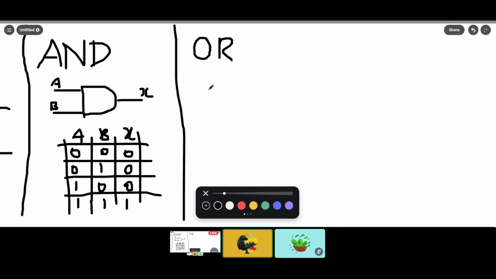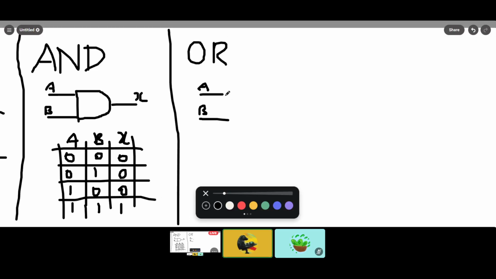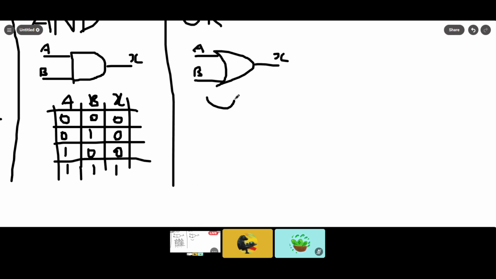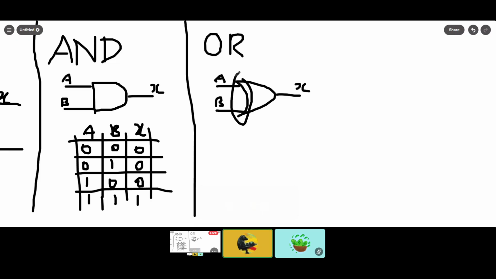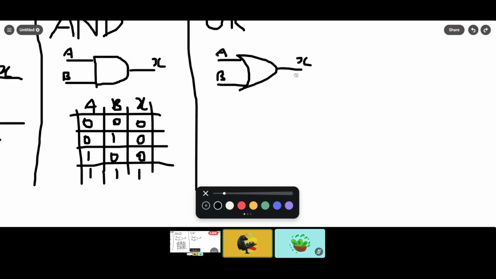The last basic logic gate is the OR gate. The OR gate again has 2 inputs, and the symbol is like this. It's kind of like a U, but not that long. It's just a short U, and then a longer U, like this. This part is very important to differentiate between the AND and OR, so please don't forget it.